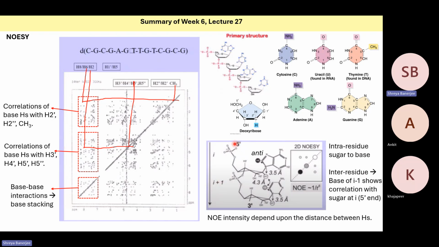The nitrogenous base of the i minus first end is much farther away. So the interaction will only be from the H1 prime of the sugar at the 5' end to the H of the nitrogenous base at the 3' end. So it is a sequential interaction. So i will interact with i plus 1, i plus 1 with i plus 2, and so on. So from the NOESY intensity, these distances can be derived.